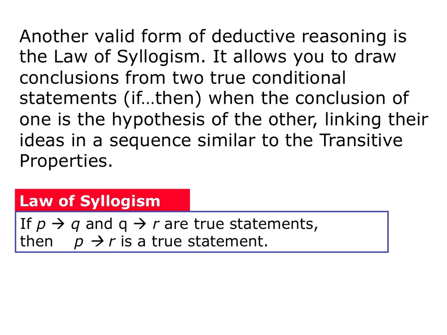Now there is a reason that they put the Q in both places, because in one statement it needs to be the hypothesis, and in the other it needs to be the conclusion. That's your linking idea. So if you have those if-thens, then what you can come up with as a valid conclusion is that an if P then R statement can be made out of that and is true.